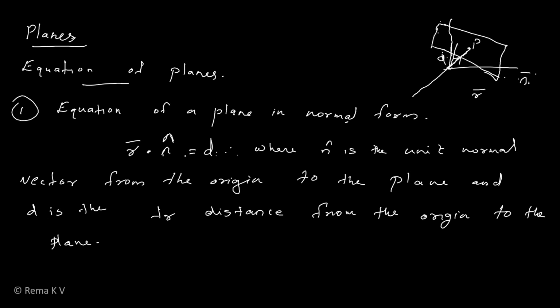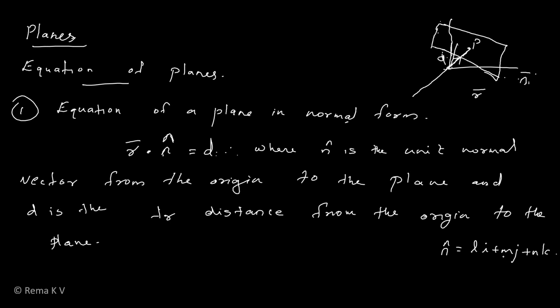Since this is a unit vector, you know that the magnitude of n cap is 1. So the direction cosines are, we can write this n cap as Li plus Mj plus Nk, because this is a unit vector.